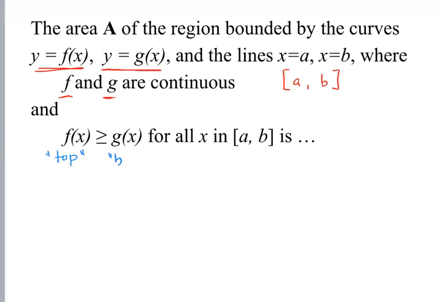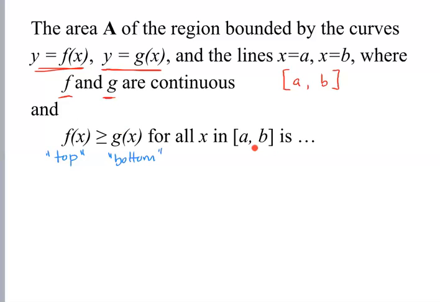And g we might call the bottom function, so it lies below the area that we are trying to find. And so the y values for the function f are greater than the y values for the function g of x for all x in this interval.